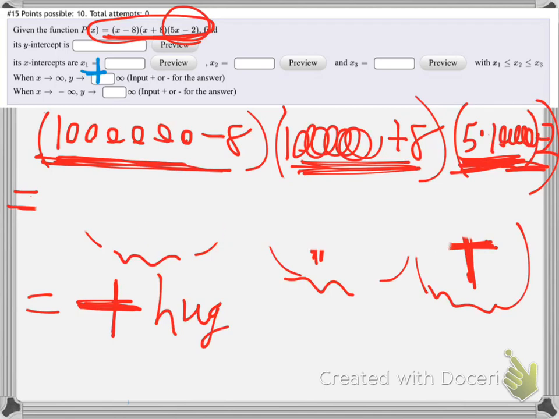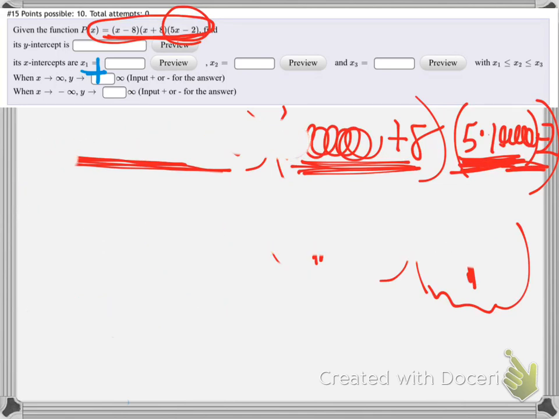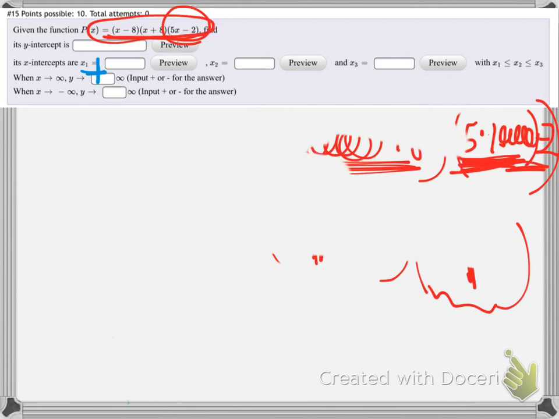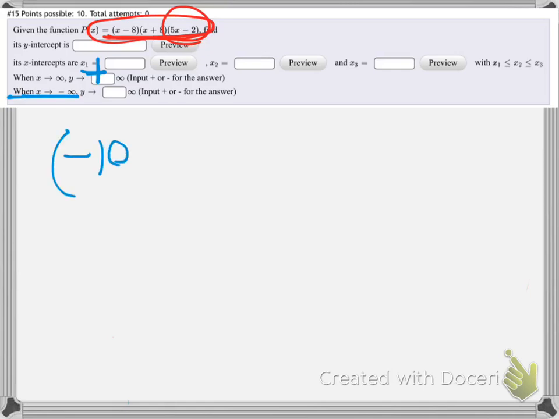And then we'll play the same game for negative infinity. I think I may have misspelled the word huge there. I might have just written the word hug. So giant positive hug number. But if we plug in a negative 1,000,000, as we approach negative infinity, that's like plugging in a -1,000,000.